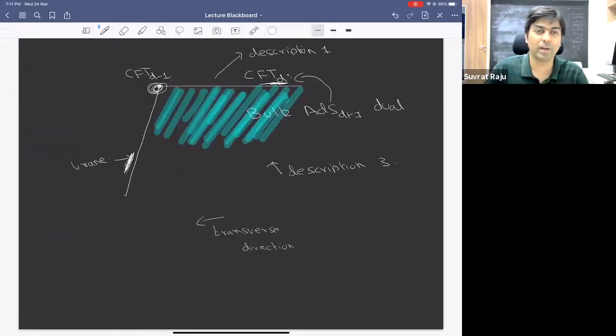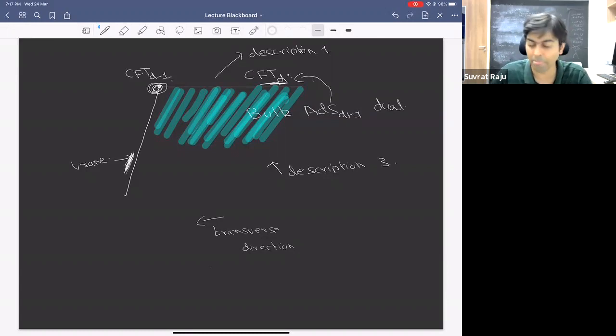One thing you might ask is, what is it that controls the shape of the brane? When do I decide what kind of brane I'm allowed to put and what kind of brane I'm not allowed to put? As I said, in most cases we don't have a complete understanding of what these branes are.